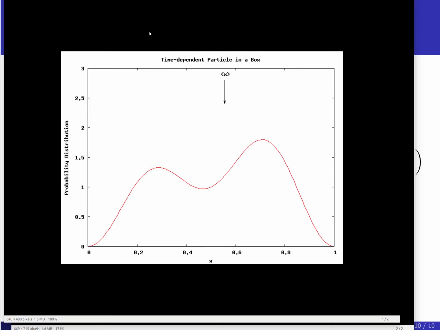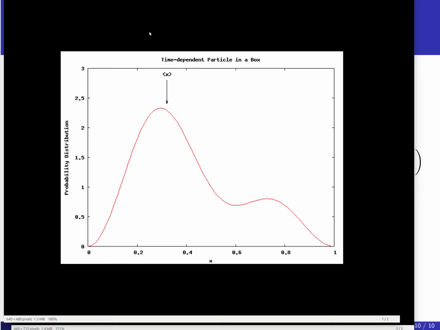So you can see that we get time dependence of the probability distribution for finding the particle once we have that mixture of energy eigenstates. In contrast, if we were in just the psi 1 state or just the psi 2 state, then we wouldn't see any meaningful time dependence in the wave function in terms of the probability distribution, the expectation value, or any other properties.